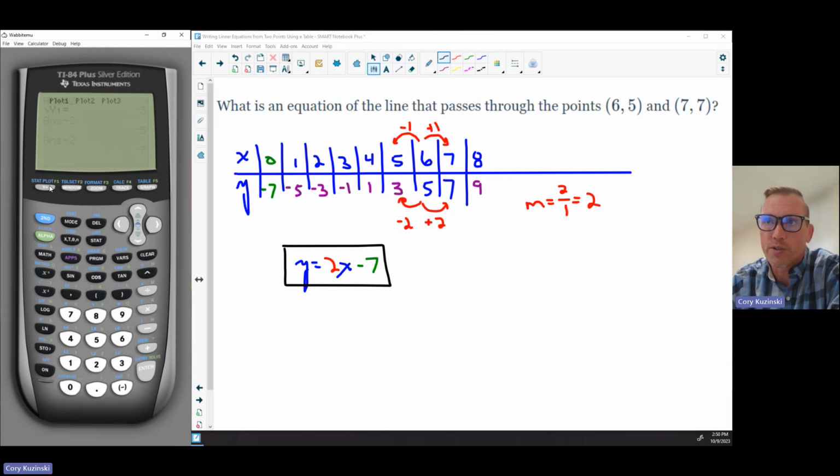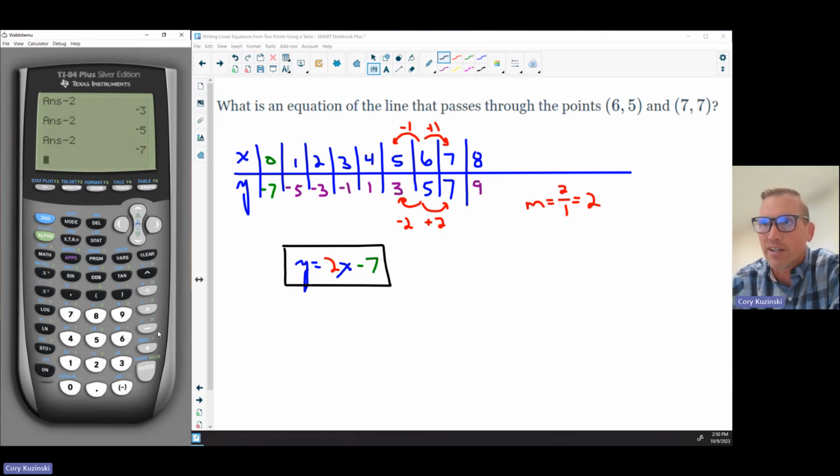Another thing we should do is definitely check our answer. Let's go to the calculator and scroll down to 6. There's 6 and 5, and there's 7 and 7. If you don't have a graphing calculator at home, you can't really do this.